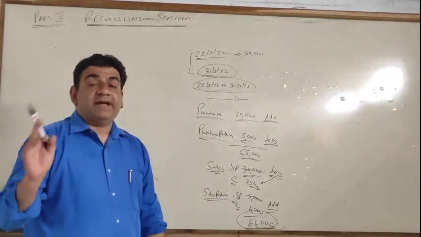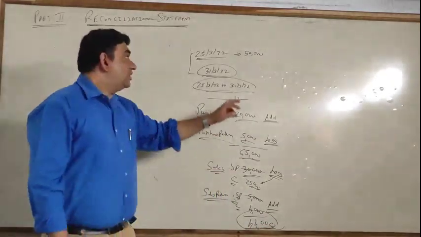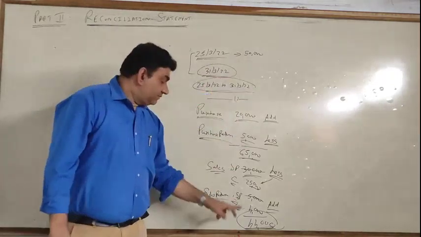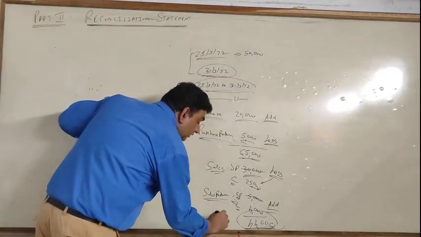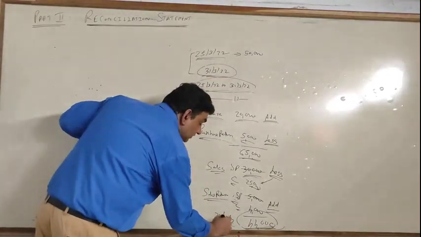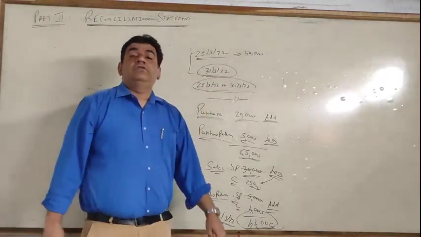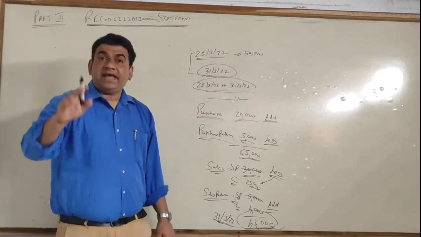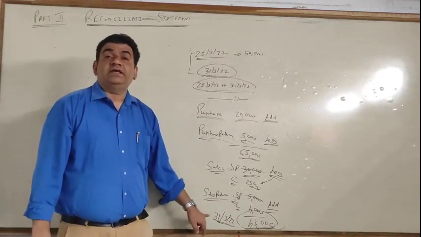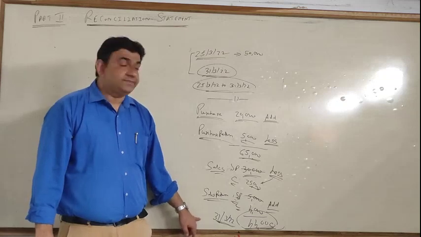So when you make the balance sheet, the stock will not be 50, but it will be 44 as on 31st March. So in my balance sheet, stock will appear as 44. So what happened?